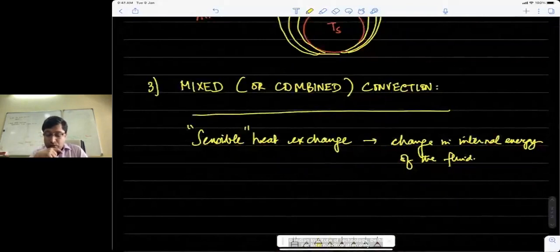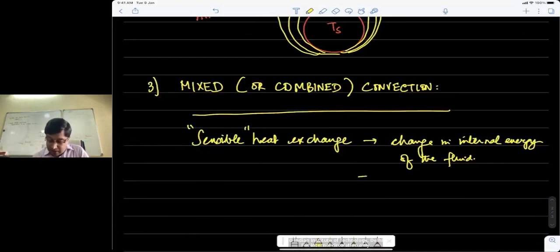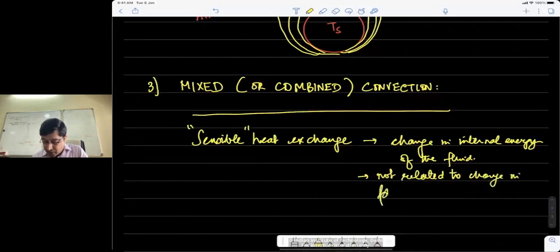It will not lead to a phase change. Air will not turn into liquid oxygen or liquid nitrogen, if I can say that. So sensible heat exchange is essentially any change which only causes a change in temperature. It does not cause a change in phase, so this is not related to change in phase of the fluid.